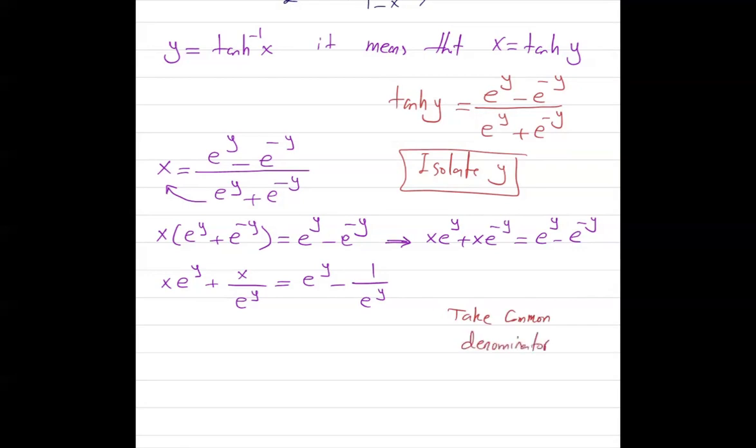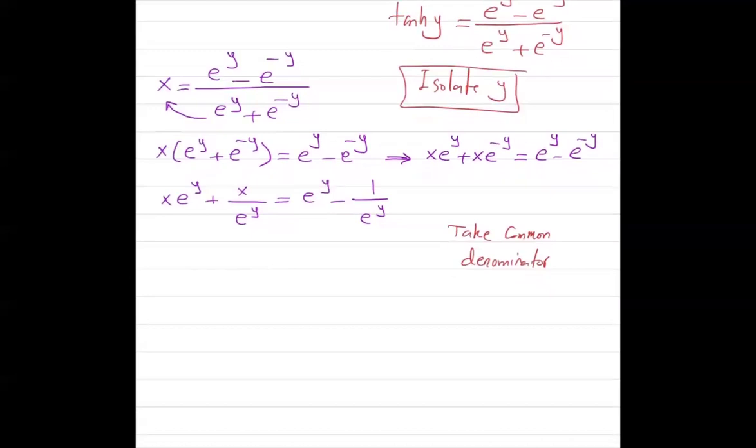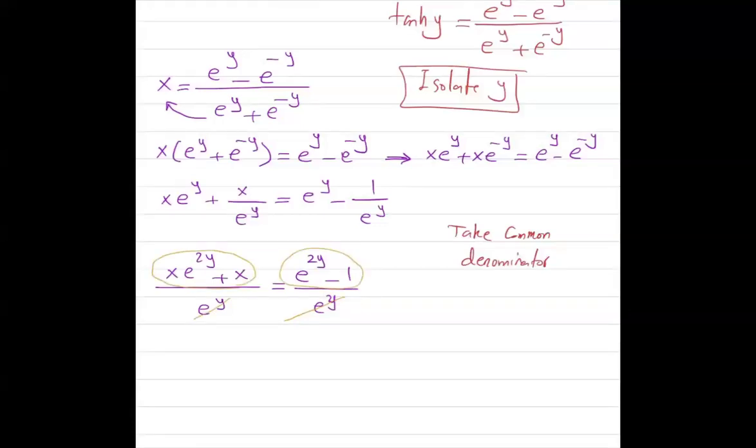What do we get? We get x e to power 2y plus x divided by e to power y. On the right-hand side, you get e to power 2y minus 1 divided by e to power y. But the denominators are the same, so you just need to set the numerators equal to each other.